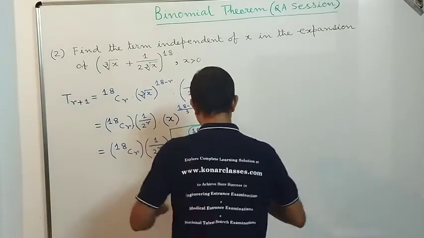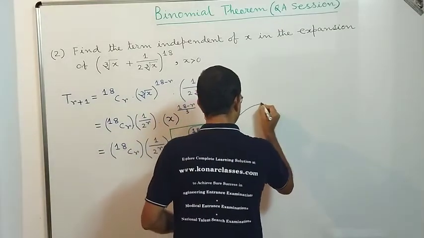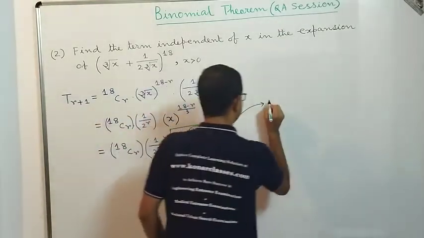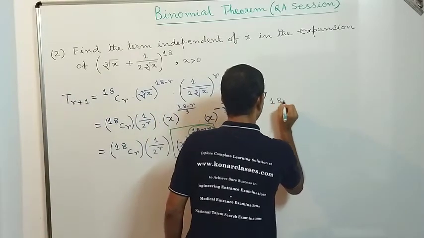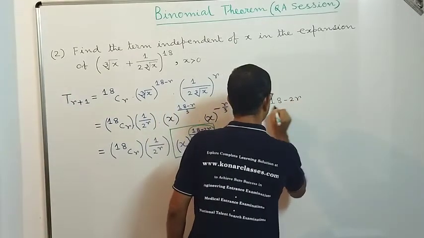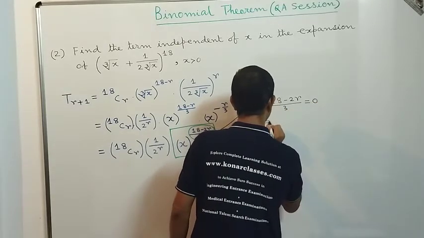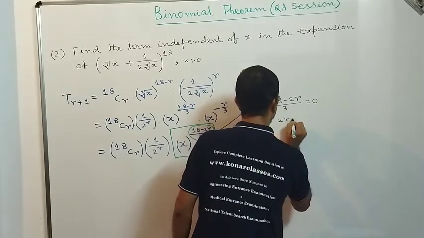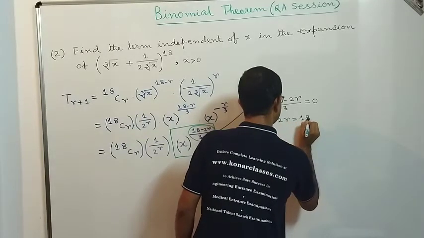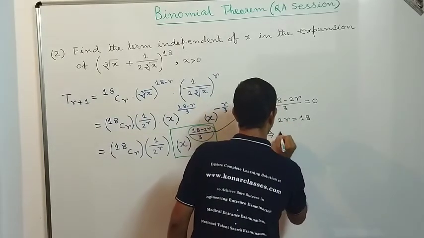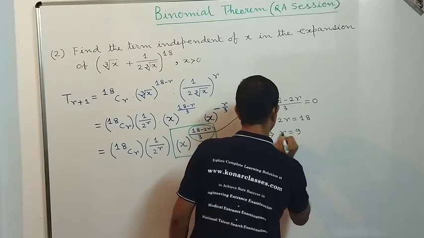How to achieve that? If we need to make this equal to 0, that means (18 minus 2r) divided by 3 is equal to 0. This implies 2r is equal to 18. So this implies r is equal to 9.